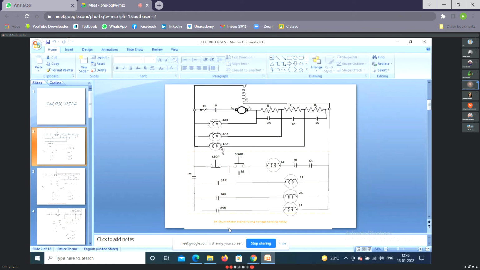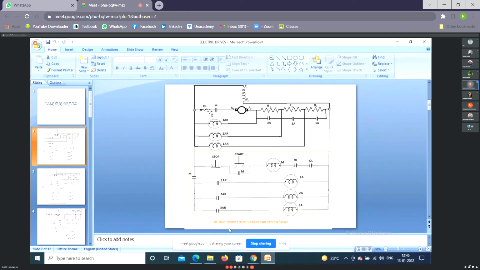When this voltage becomes more than or equal to a certain preset value, it will operate the corresponding contact here, so 1A will close. When 1A closes, this relay will be excited. This relay in turn will close its contact in the power circuit, so this portion of the resistance will be cut off from the main circuit.